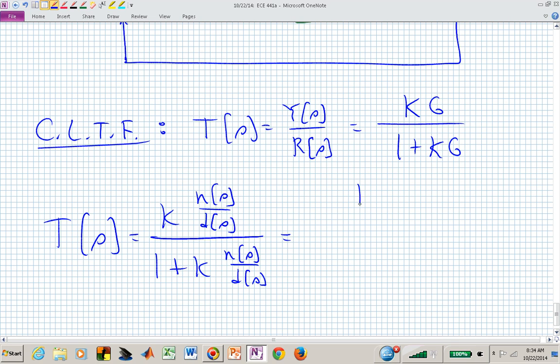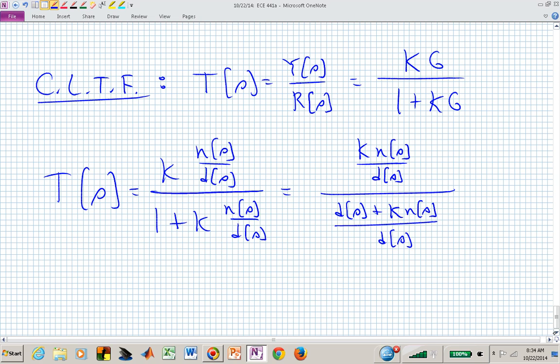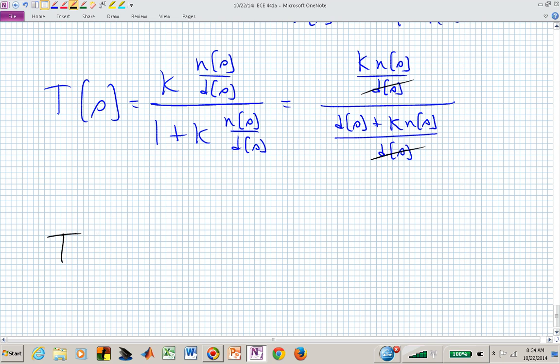We can now find K N of S over D of S, all over 1 plus K N of S over D of S. We can get rid of the denominator in the numerator and the denominator, and we are left with our closed loop transfer function in terms of zero factors and pole factors of our open loop system.